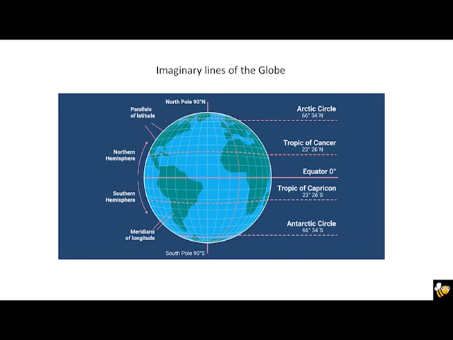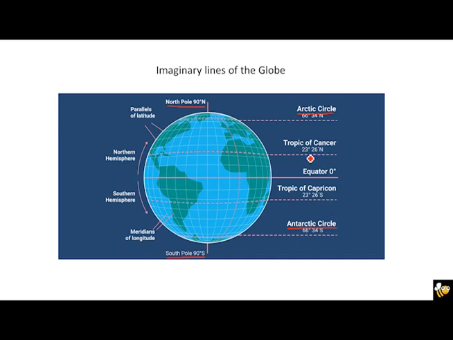Now again we have the detailed picture. In this we have the north pole at 90 degree north, and the south pole at 90 degree south. At 66.5 degree we have the Arctic Circle, and at 66.5 we have the Antarctic Circle in the south.